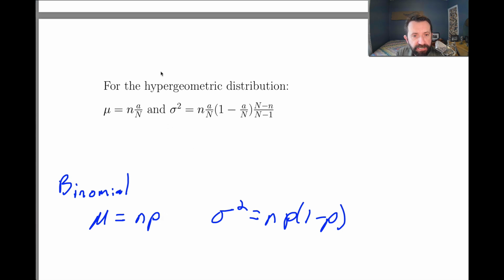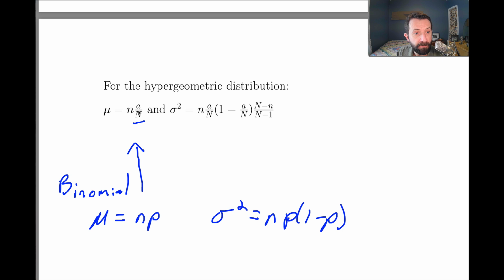And this stuff here is very, very similar to that. This is like that. Little n times the proportion of successes in the population. There's A successes in the population over capital N objects. And so this is very much like that.